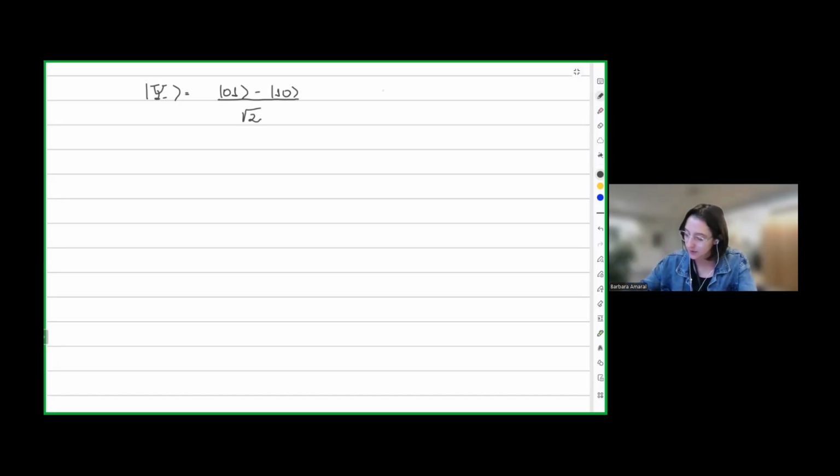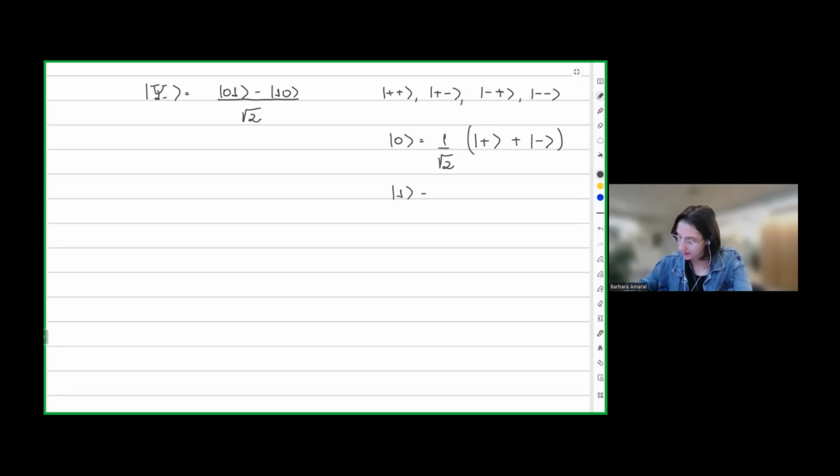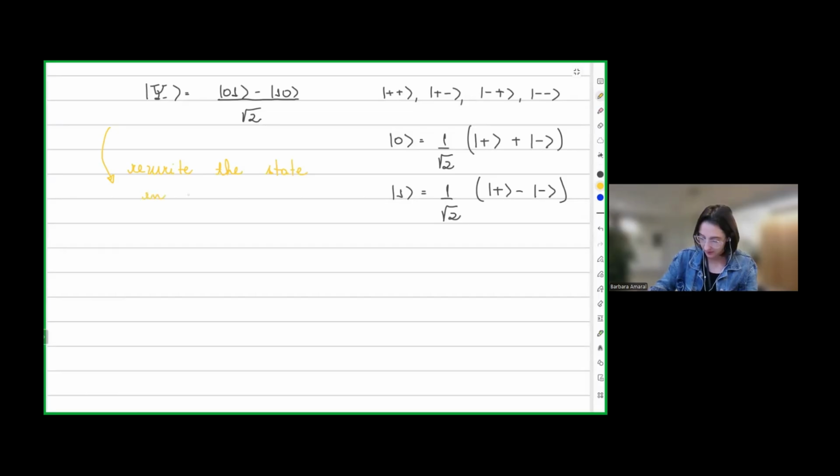And I need to write it in the basis ++, +-, -+, --. For that, I will remember that |0> is 1 over square root of 2 times (|+> plus |->), and that |1> is 1 over square root of 2 times (|+> minus |->). Okay, so I will write this state in the new basis.